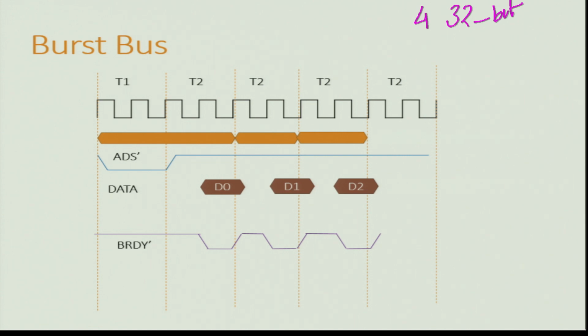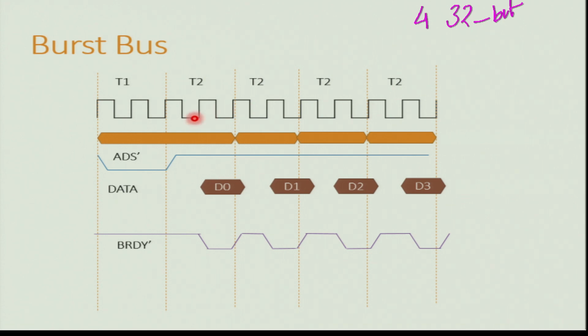The third 32-bit data is made available. The fourth address is going to be generated. Once again, memory indicates it's ready with data by making the burst ready signal low. The fourth 32-bit data is made available. So T1, T2, this is how it is going to be done.